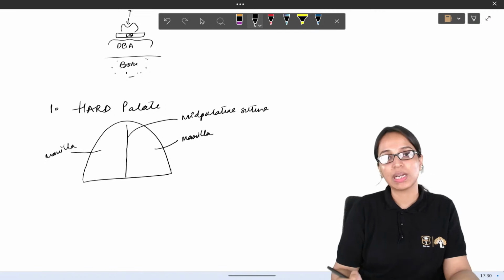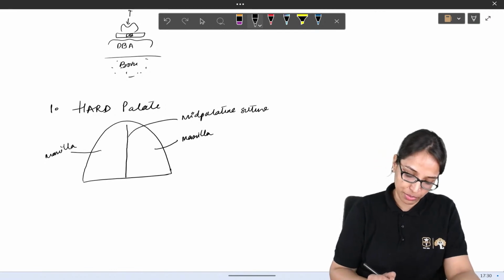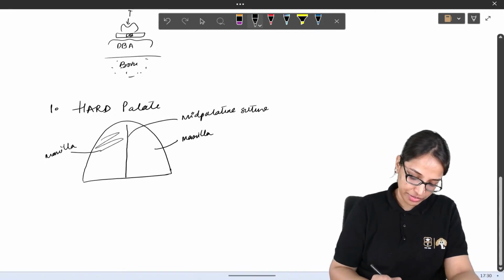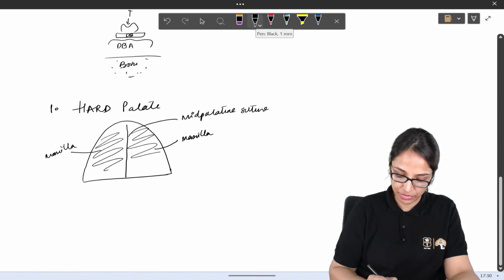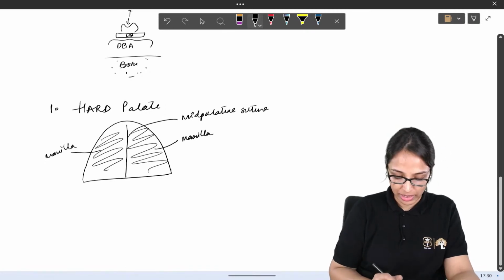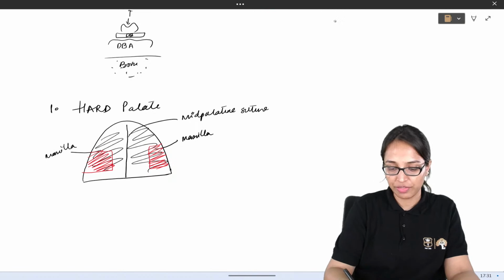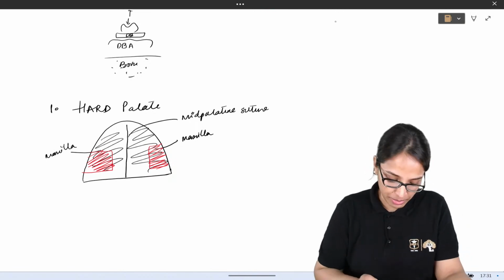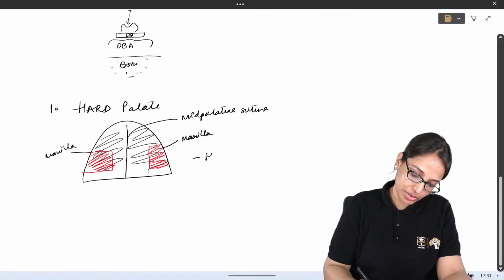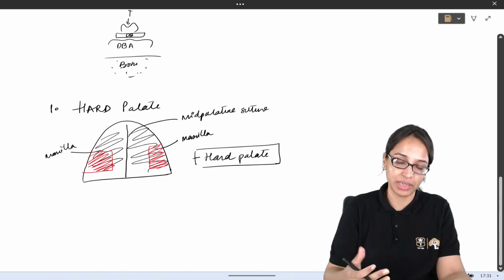In your vouchers, a line is given that the ultimate support for a complete denture is derived from our hard palate. Some of the textbooks also mention that the posterolateral portion specifically of our hard palate is responsible for support. But if we look exclusively at vouchers, it will say that your hard palate is responsible for support. That is the primary supporting area.